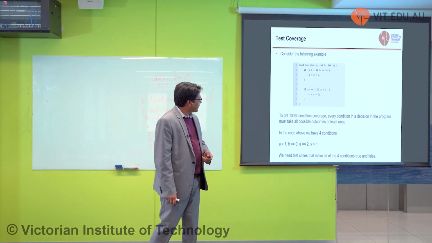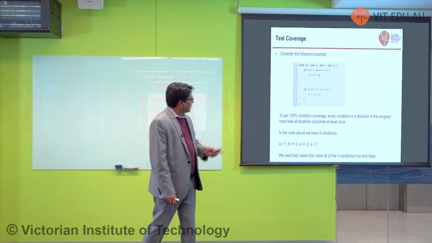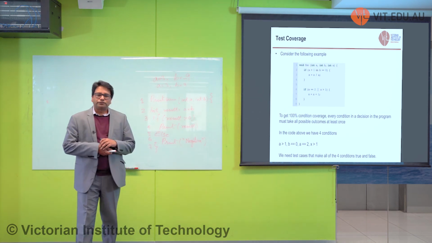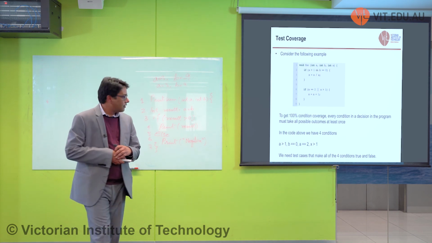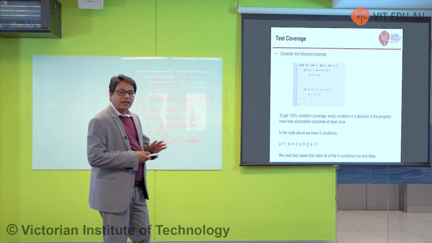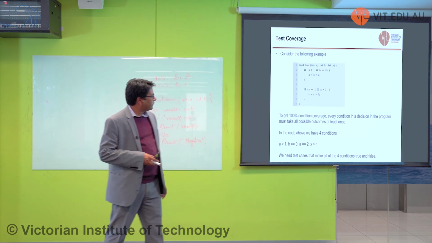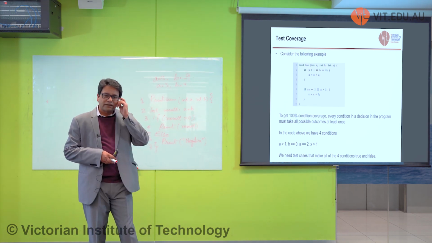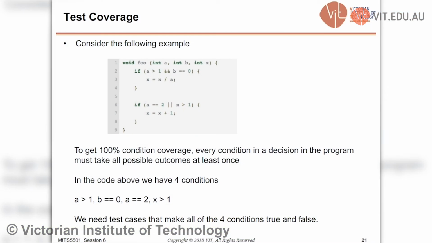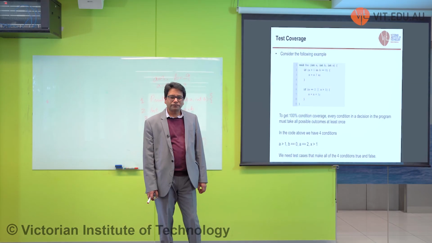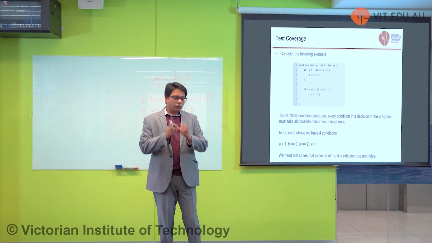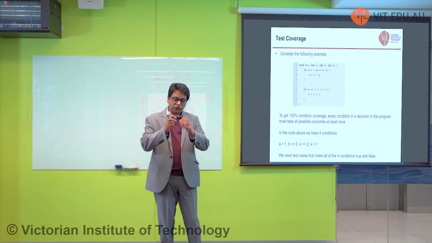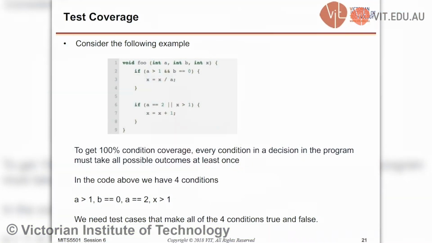Now, another interesting factor here: what do we do in this code? We have multiple conditions in the if statement. Here we have A is less than 1 and at the same time B is 0. So you provide all the possible data sets so that this whole condition is true.